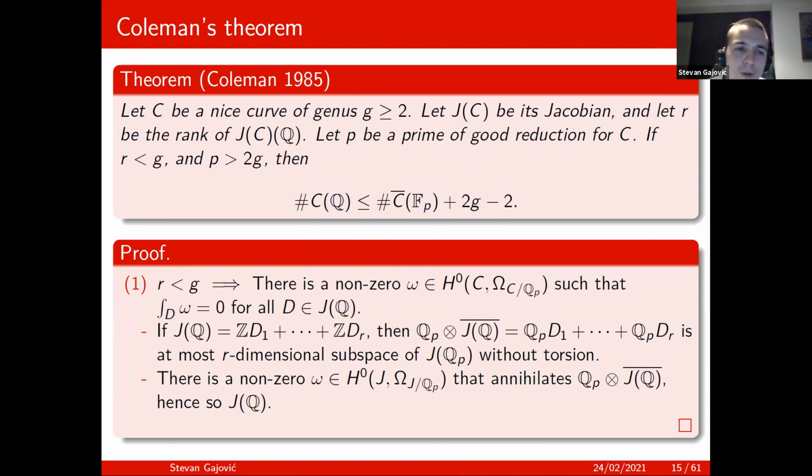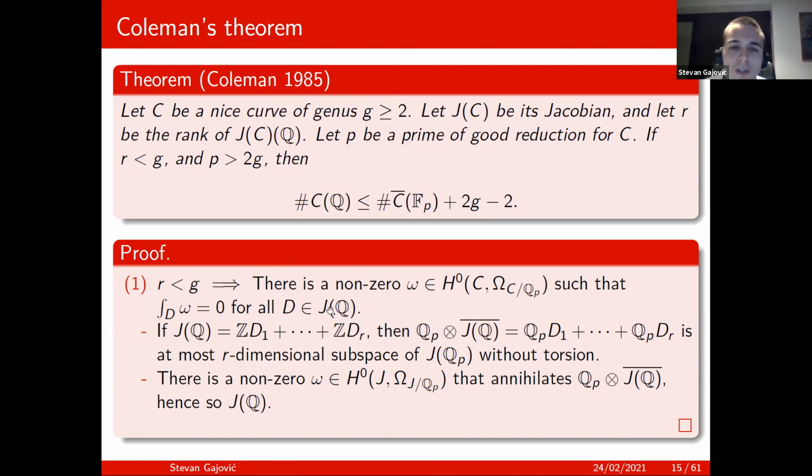To recall how Coleman used the condition that the rank is strictly less than g: if we have integration, that implies that we can find a non-zero regular differential omega such that the integral over all points coming from the Jacobian over the rationals is 0.